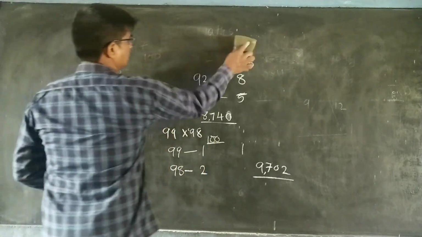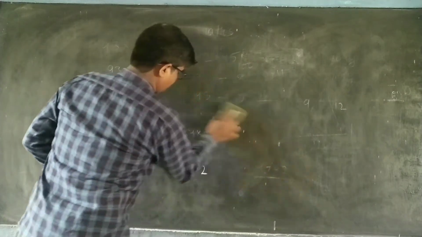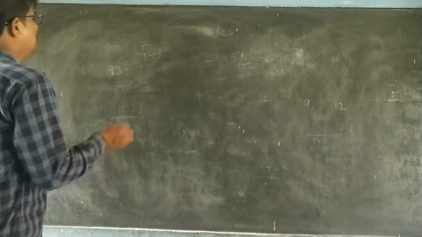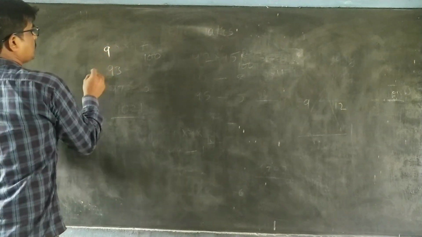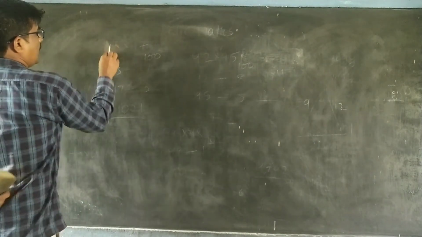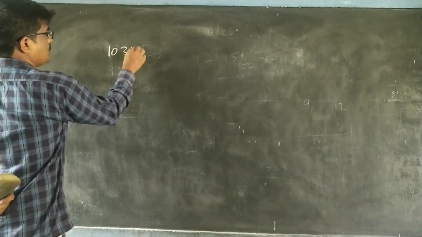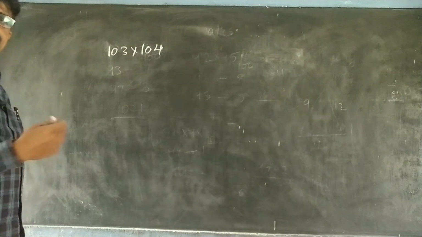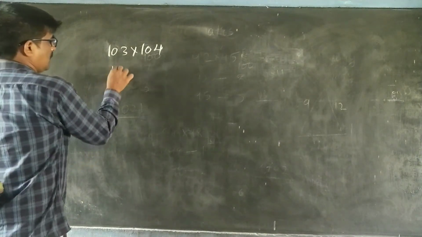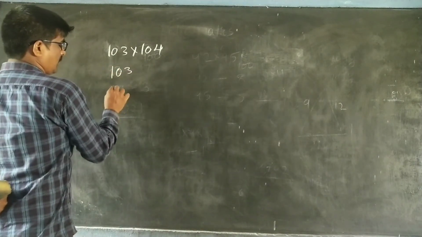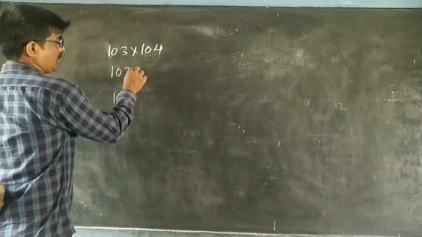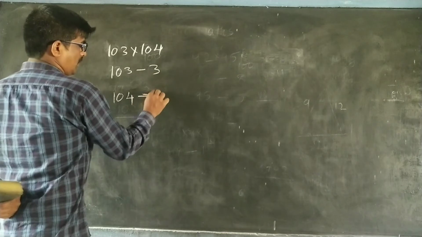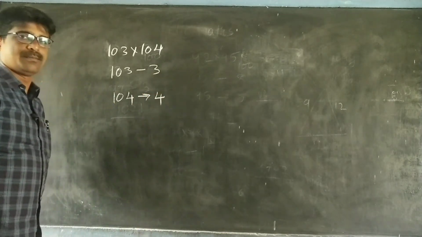Again, one more I am taking. If I take numbers above 100, for example 103 into 104. Simple. 103 is 3 above and 104 is 4 above.